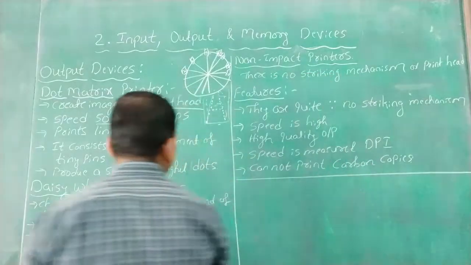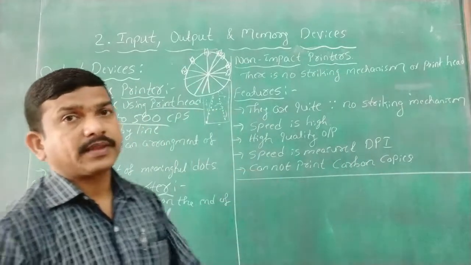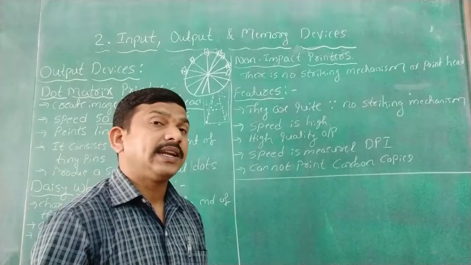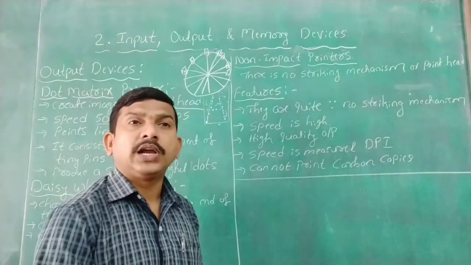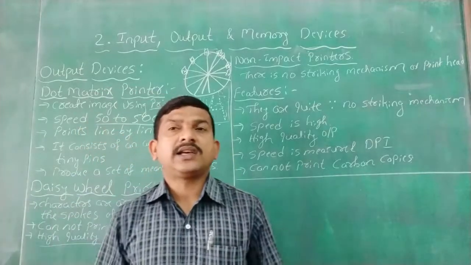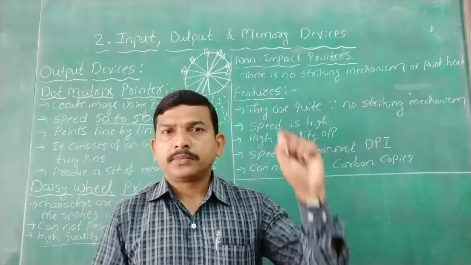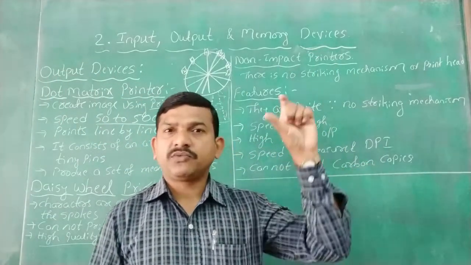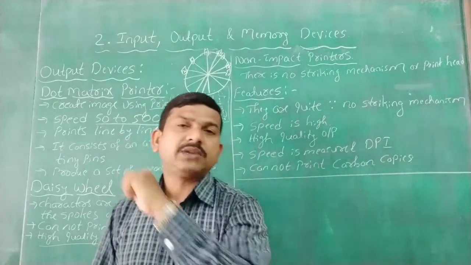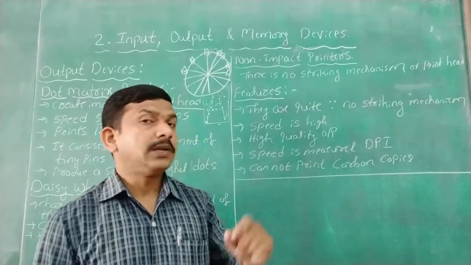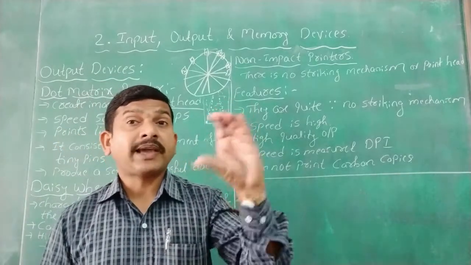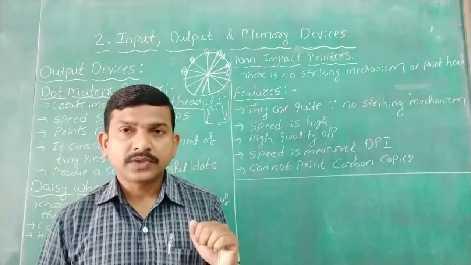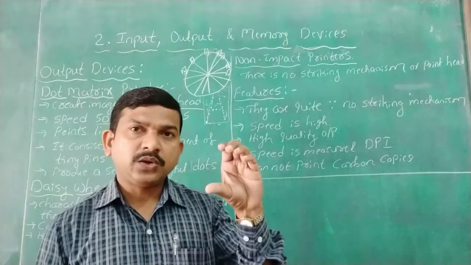Next we will go for the second category, or second type of printer, the non-impact printer. In the beginning I told you printers are classified into two types. The first one is the impact printer and the second one is the non-impact printer. In an impact printer, we are using a striking mechanism, a print head, and with the help of that we are printing.